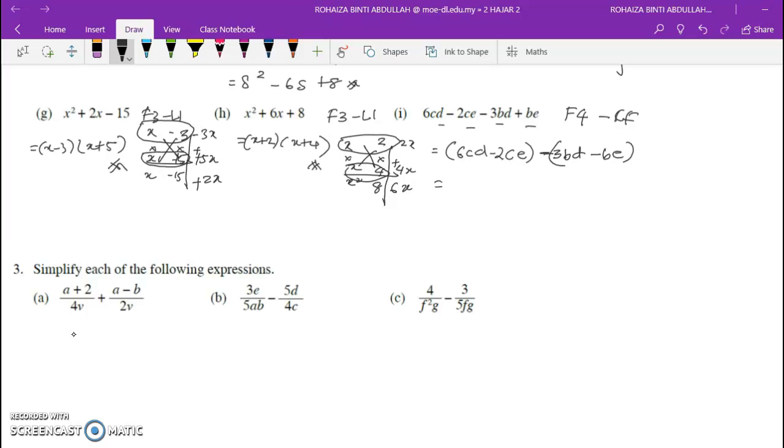So, kita factor yang pertama. 6, 3, 2 and is 2 and then C. So, in bracket 3D minus E. Okay, yang kedua ni pastikan kita buat 3D minus E. Jadi tak?